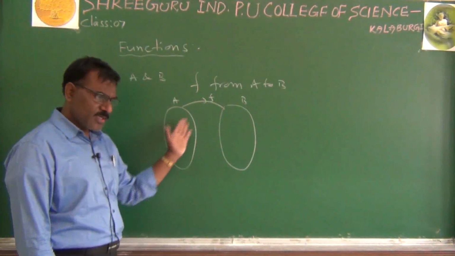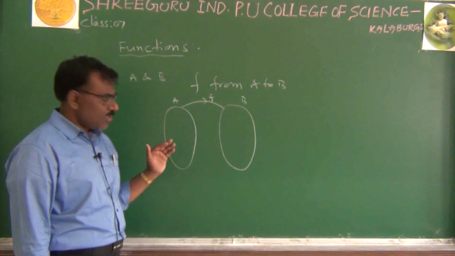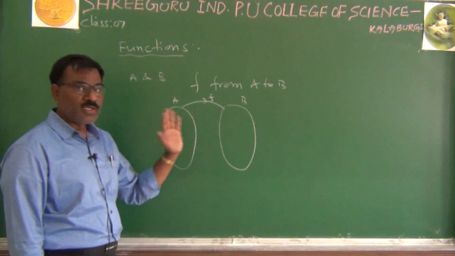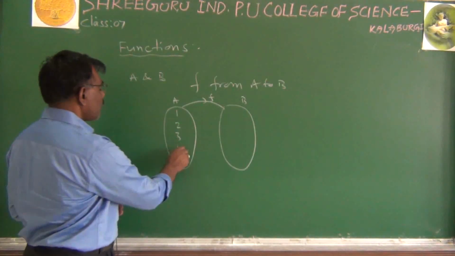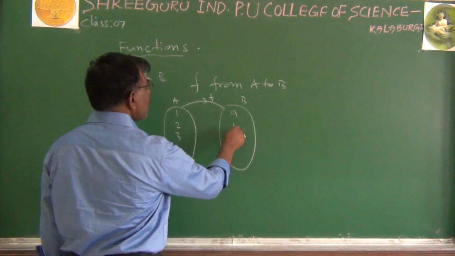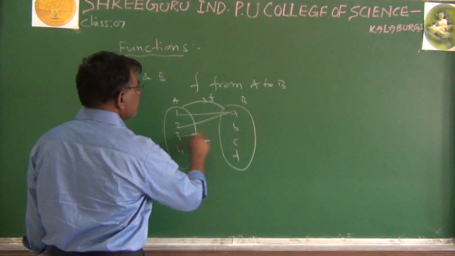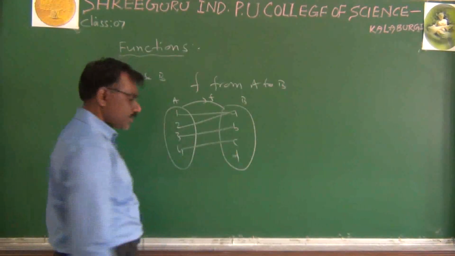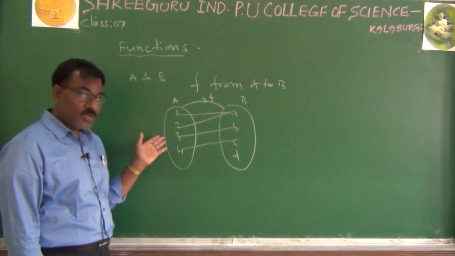All the elements of set A are associated in the set B, and each element of set A is associated to a unique element of set B. For example, 1, 2, 3, 4 and A, B, C, D. So this is a function.